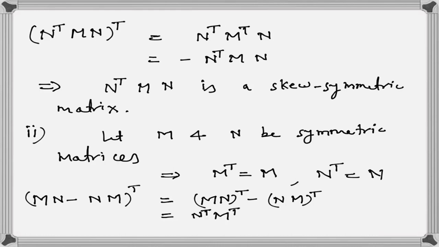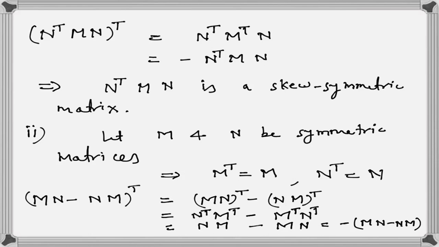Here the product formula we use, and this is nothing but M transpose N transpose, and N transpose is N, M transpose is M, this is M minus MN. So this is nothing but minus, we take a common, (MN minus NM). So this implies what?